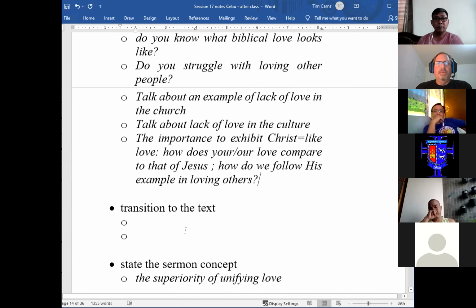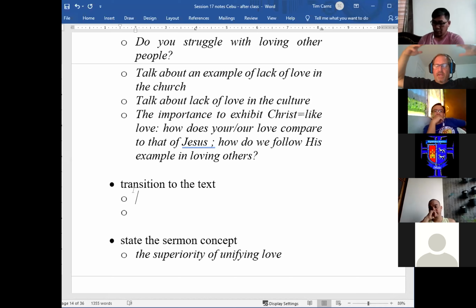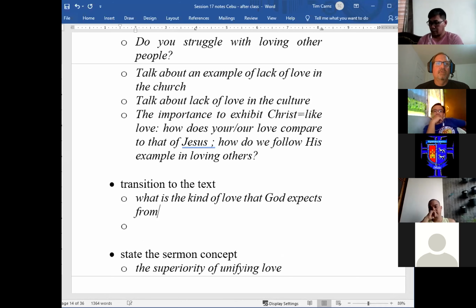So just come up with a few, brainstorm it, and then transition to the text. How do we move now from gaining their attention and surfacing a need to the passage? What would be a transition? What is the kind of love that God expects from us?